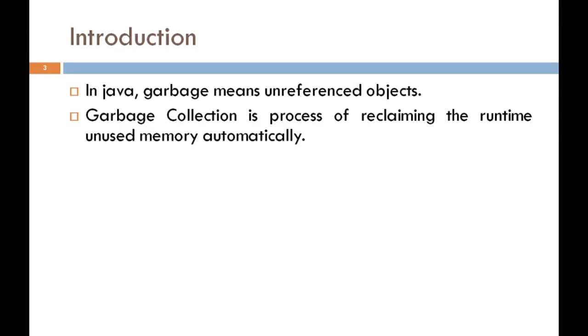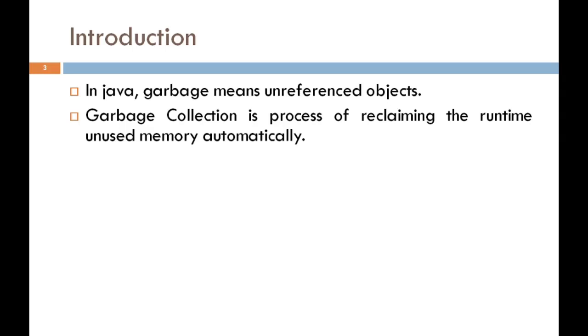Garbage collection is the process of removing unused objects from the heap memory. That means the process of removing unused objects from the heap memory is known as garbage collection, and this is part of memory management in Java.